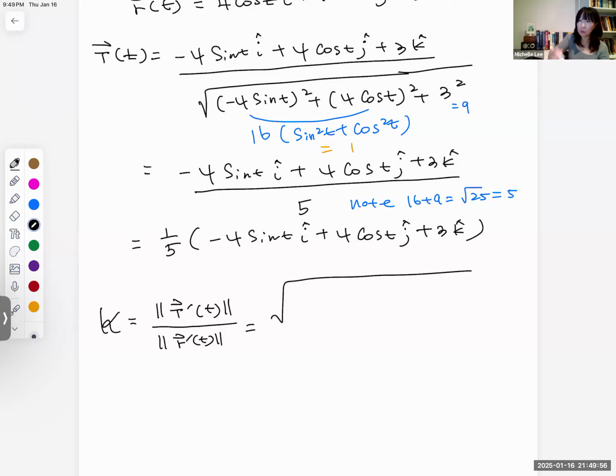So keep the coefficient. So negative 4 over 5.